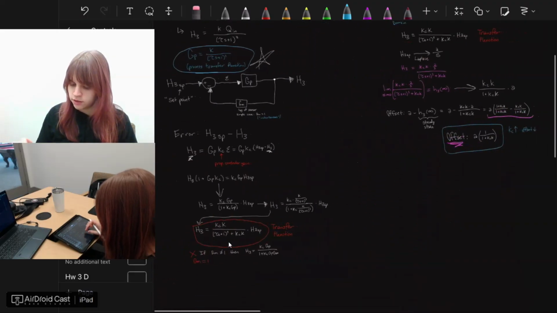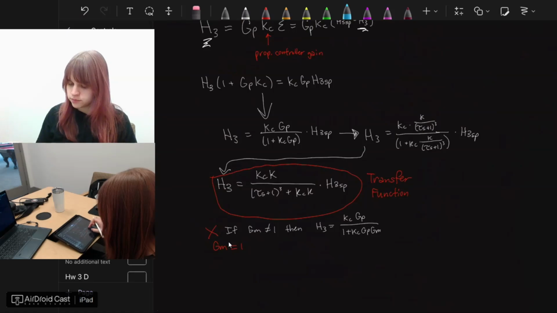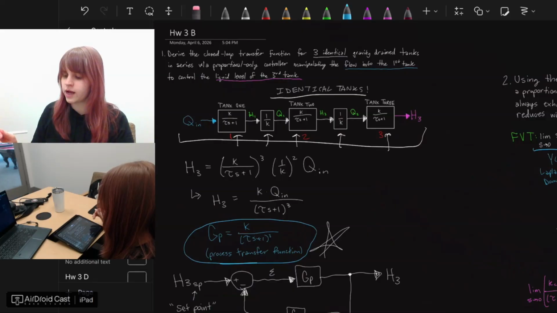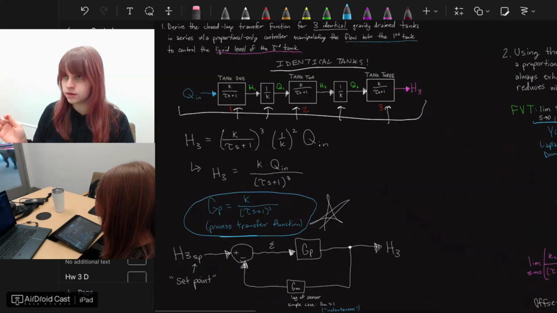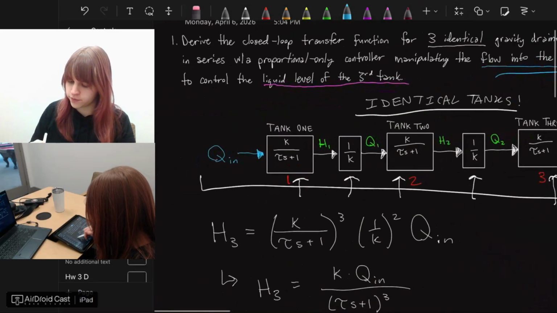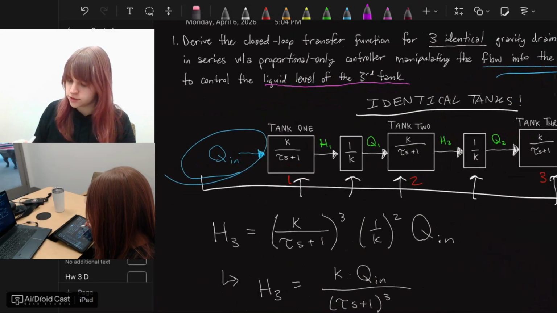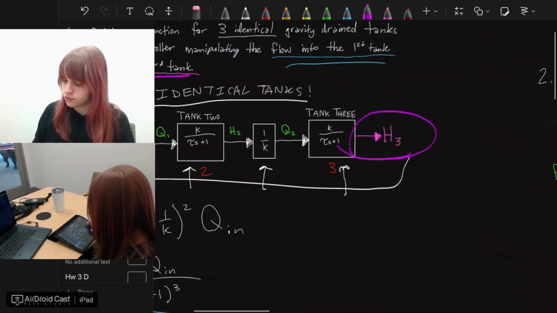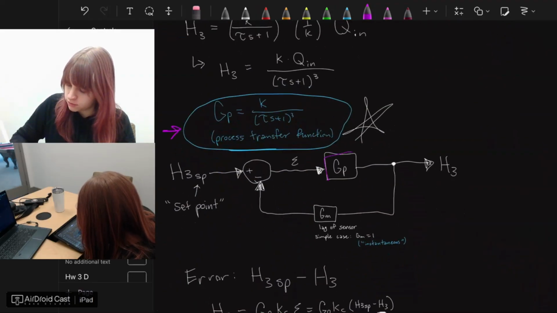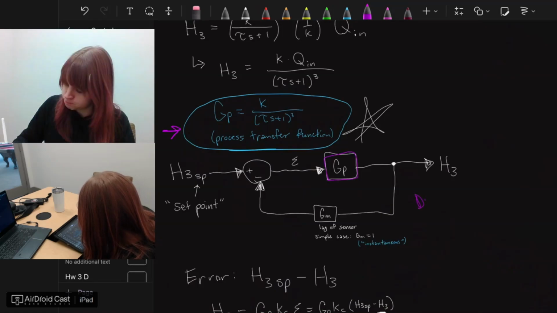And this right here was our transfer function. And yeah, so we derived our closed loop transfer function for those 3 identical gravity drain tanks in the form of manipulating the flow into the first tank right here to get some liquid level in the third tank. We had our process transfer function that we labeled GP right here in our diagram.